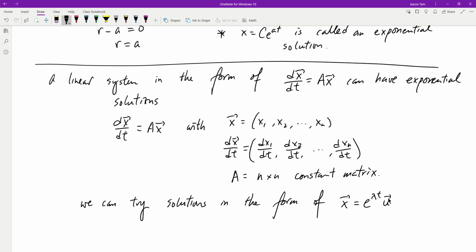So it's basically a vector u multiplied by e to the lambda t as a coefficient of the vector, where vector u is a constant vector and lambda is a constant.